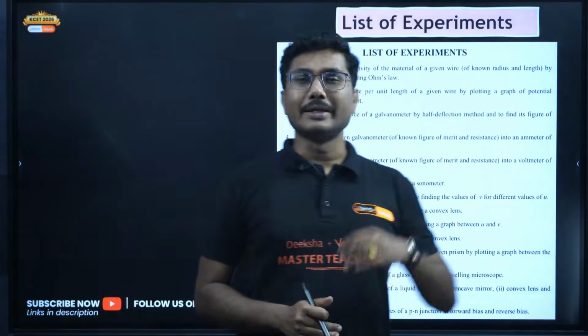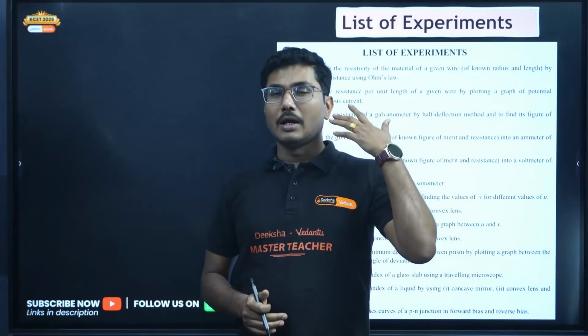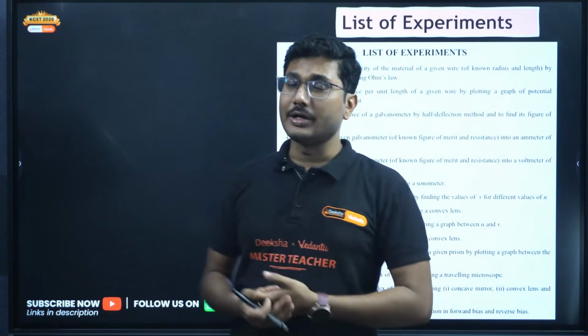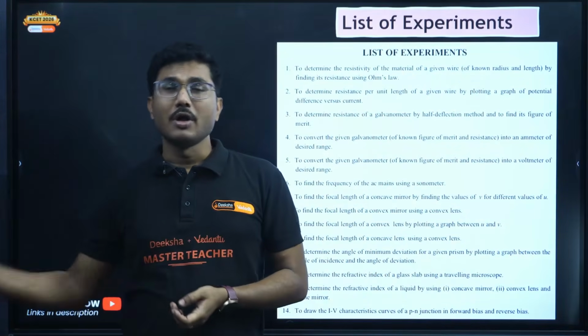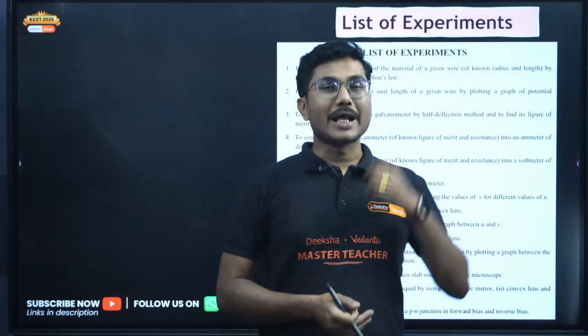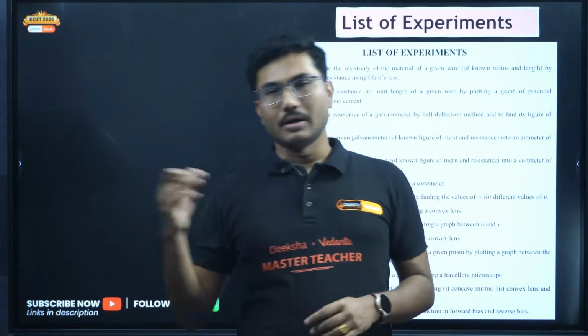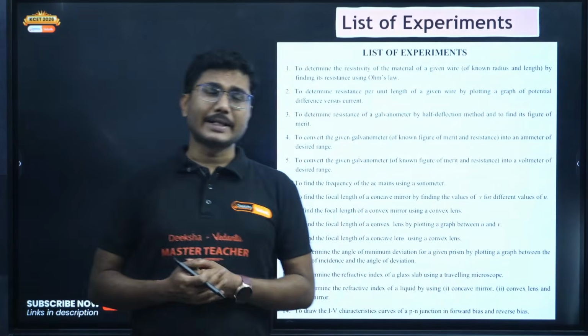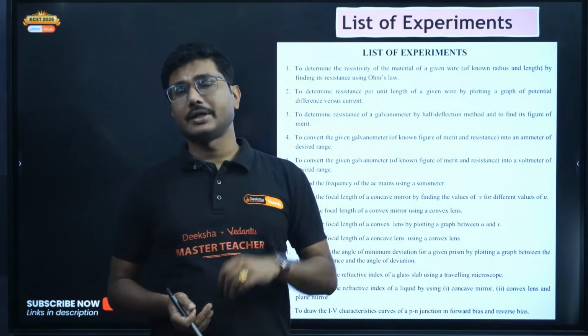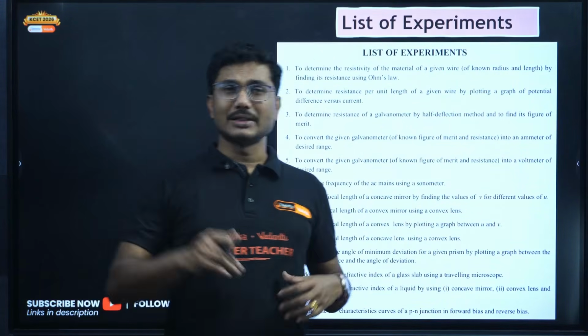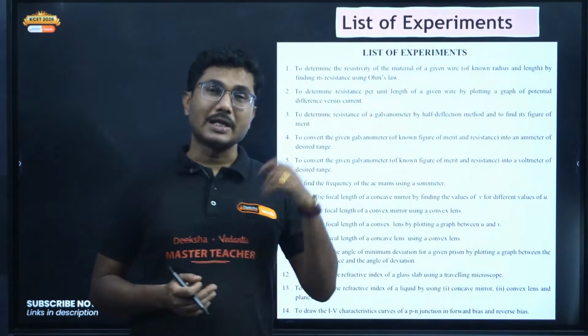That is mandatory. The first set of data generally has to be verified, not just recorded, by one of the teachers present in the laboratory at that time. It can be the external, it can be the internal. Whoever is present, you have to ask them, sir, I am ready with my experiment, I want to record.